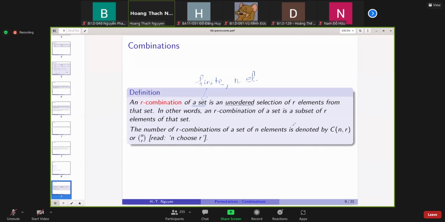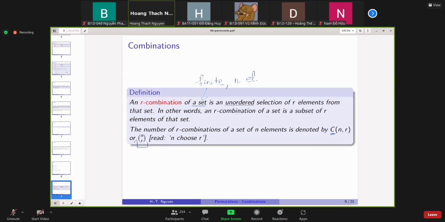Okay, and we denote the number of r-combinations of the set of n elements by this notation. So C here stands for combination, or a more globally accepted standard symbol is this notation, where you have n on top of r inside parentheses.